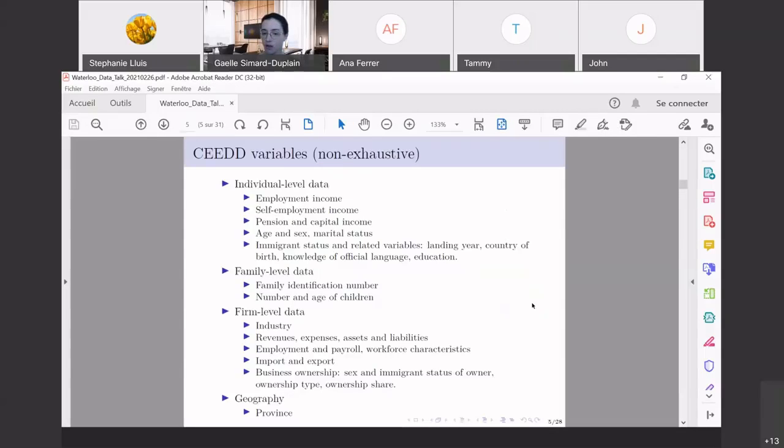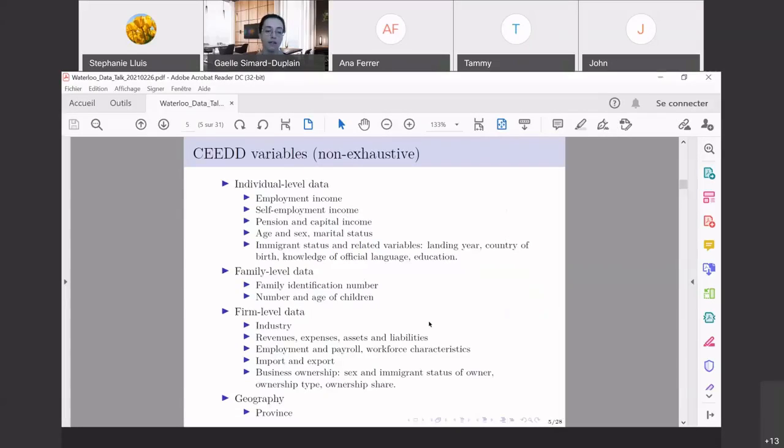Lots of countries don't necessarily have that in their version of SEED. In the work that I present today, we take advantage of this feature of the Canadian data set that has marital status. And of course, there's immigrant status and related variables: landing year, country of birth, and education for immigrants as well.